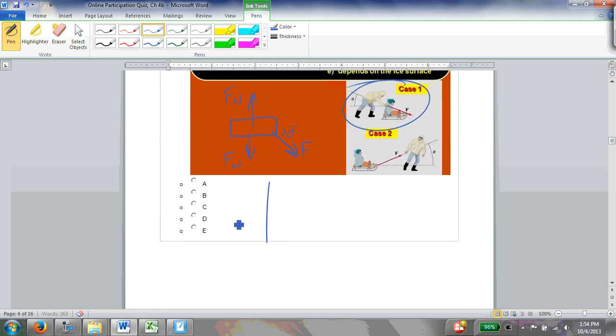Then if I draw my force vectors with my resolved vectors, I have my normal force, my weight, I have my y component of the force, and then my x component of the force.